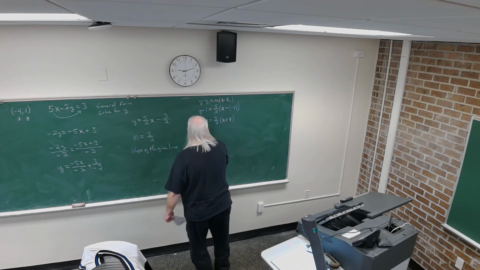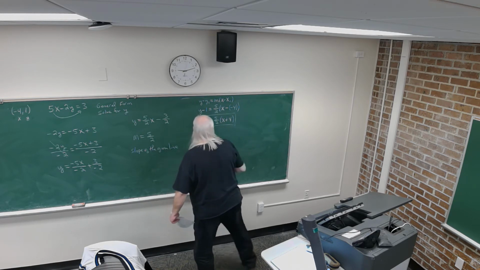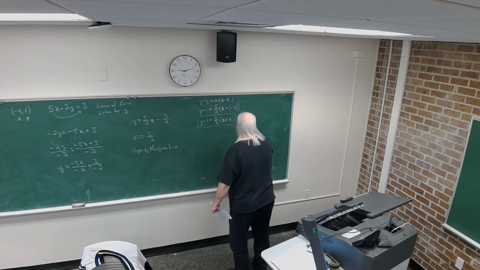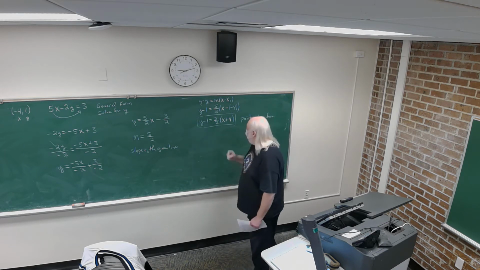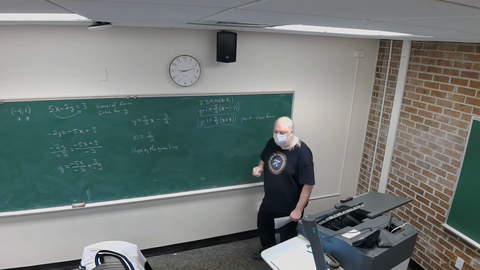So this is the equation of the line in point slope form that is parallel to the given line.